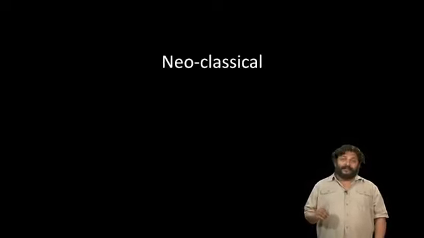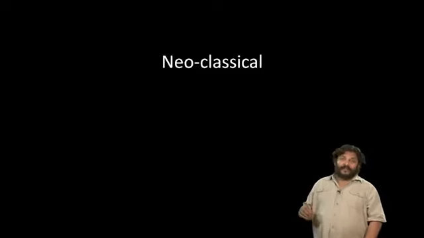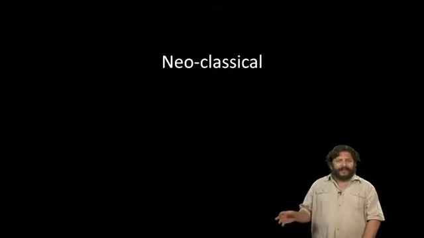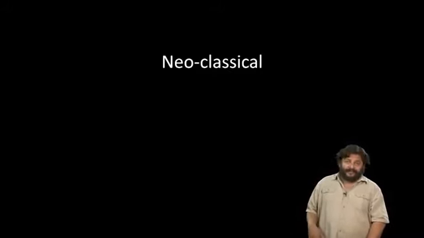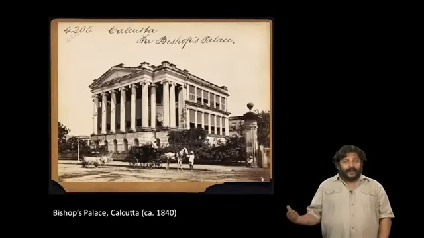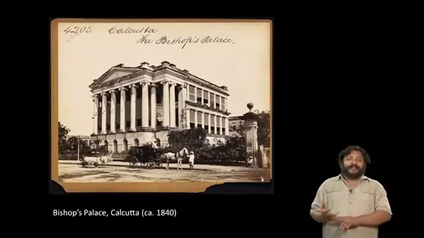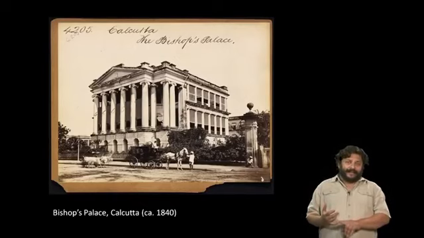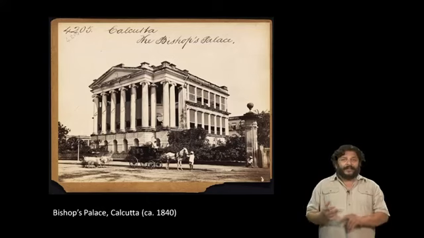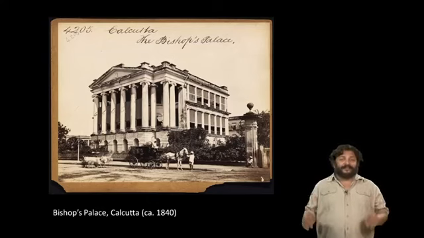Naturally, as the English found resources and power to build in India, they chose this idiom, which was being practiced throughout Europe. It was supposed to be moralizing, and a lot of the buildings built in the late 18th and early 19th century in India tend to be in the form of this neoclassicism.